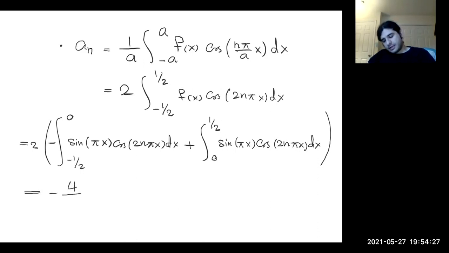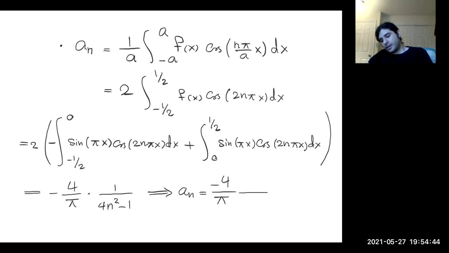So the final answer is minus 4 over pi times 1 over 4n squared minus 1. So a_n would be this number for any n. That would be a_n. Now, what is b_n?